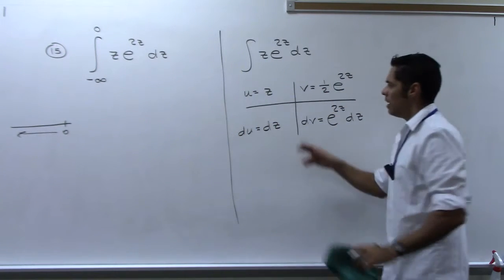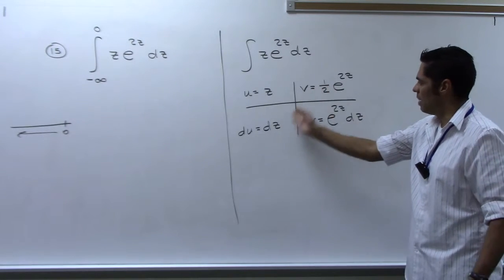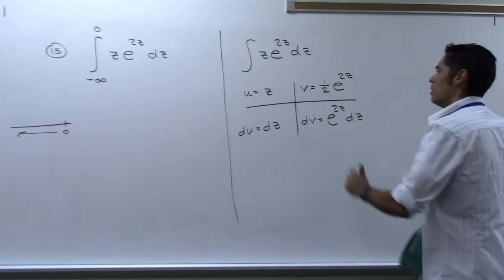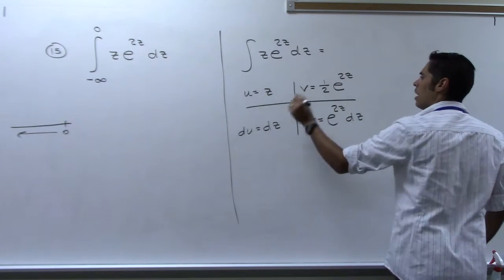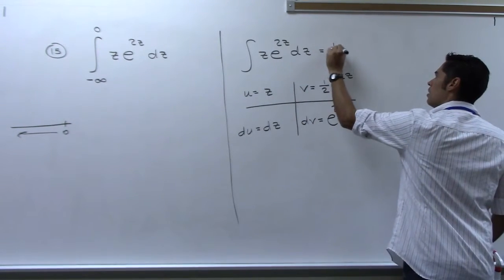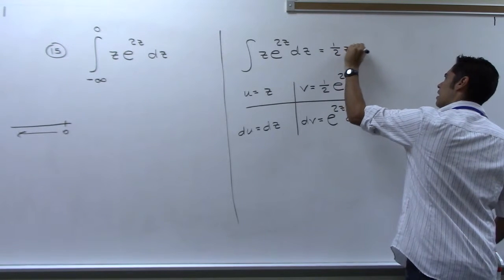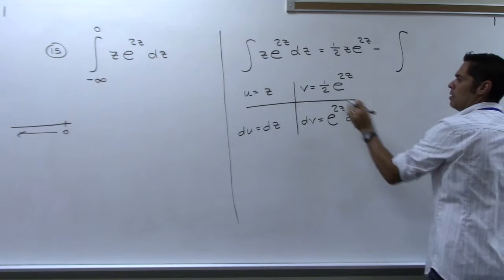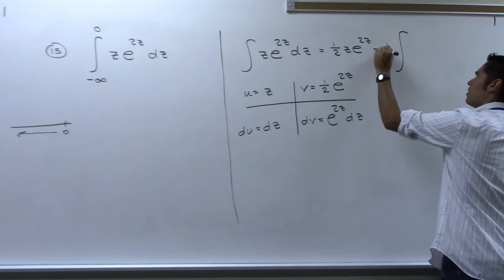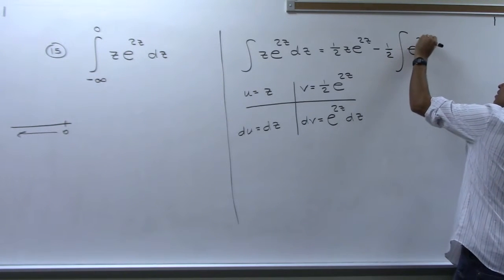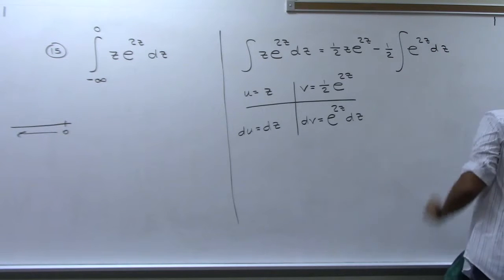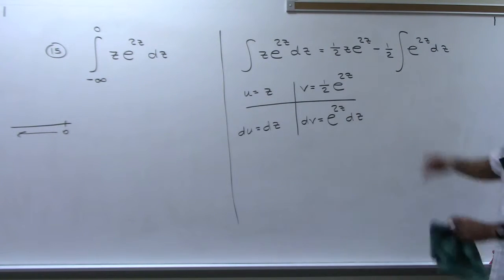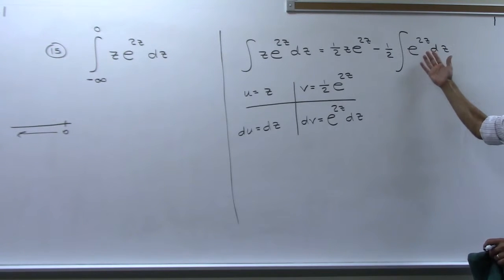Then the uv minus the integral of v du. That part is nice, because when you put these two together, you don't have that z anymore. So this becomes uv, which is z times this, so 1/2 z e to the 2z, minus the integral of this times this, so the 1/2 comes out, e to the 2z dz. To integrate this, well, you already did that, so it's going to be this again with a 1/2 that pops out.